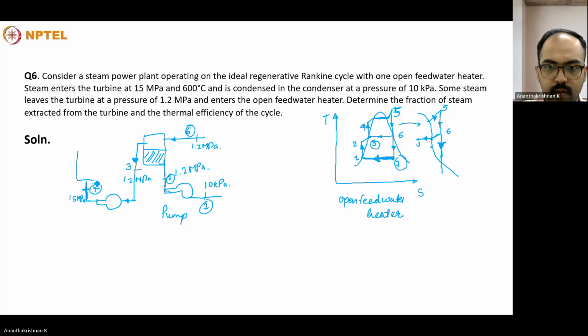and then a boiler to input, and then exit of the boiler will be at point 5, and it will be fed into a high pressure turbine.